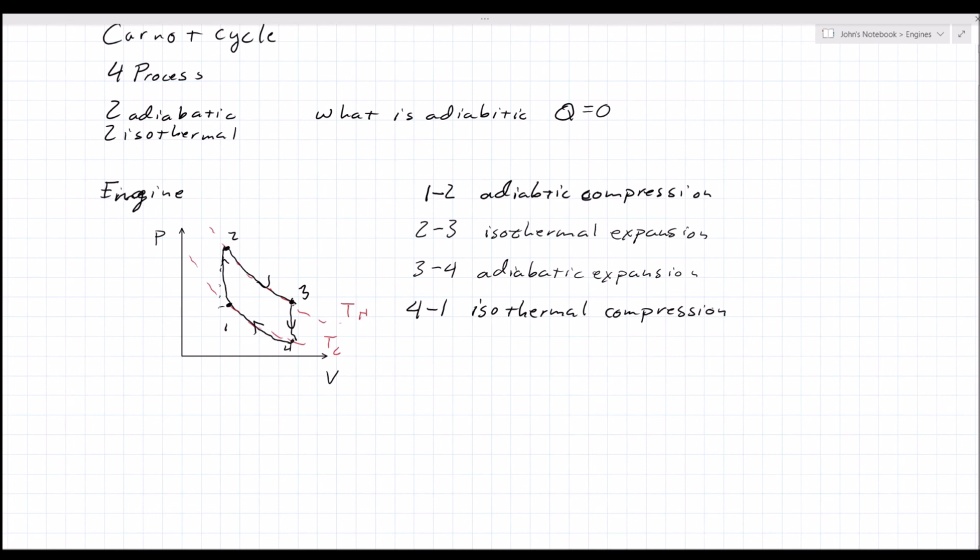All right, this is a Carnot cycle. It's going to have 2 adiabatic, 2 isothermal, and in this case 1 to 2 is adiabatic compression, 2 to 3 is isothermal expansion, 3 to 4 is adiabatic expansion, and 4 to 1 is isothermal compression.